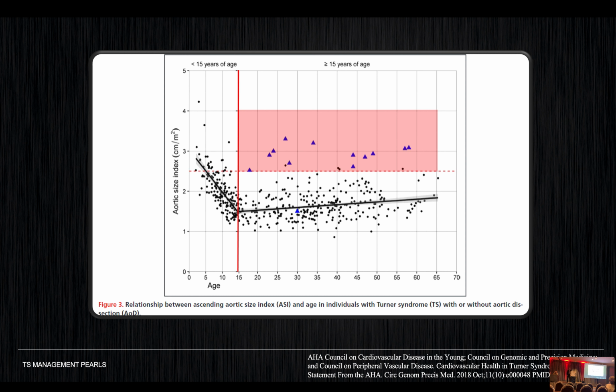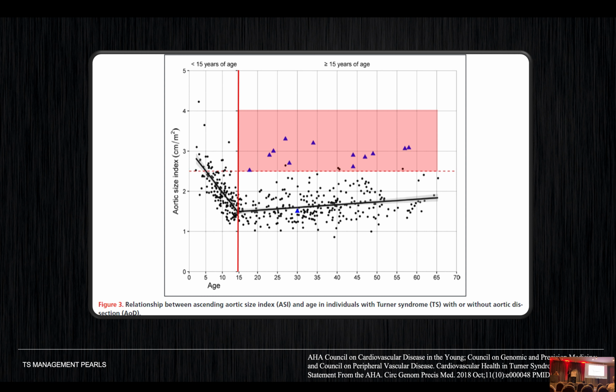As you can see here, nearly all the patients with Turner syndrome that were older than 15 years of age and had an ASI of greater than 2.5 had an aortic dissection, making this index very sensitive.